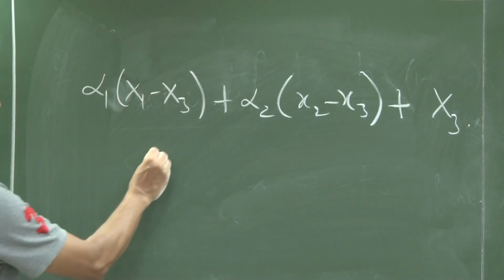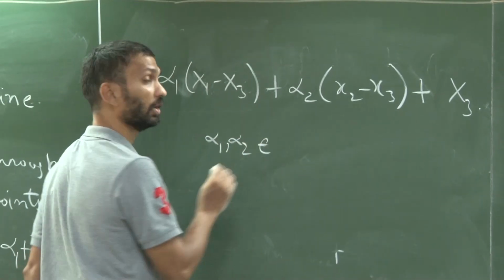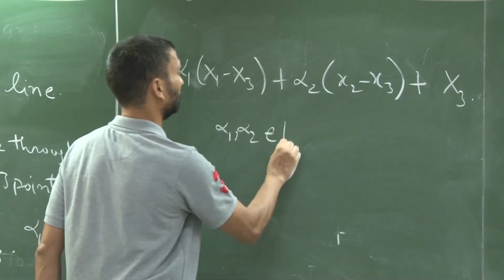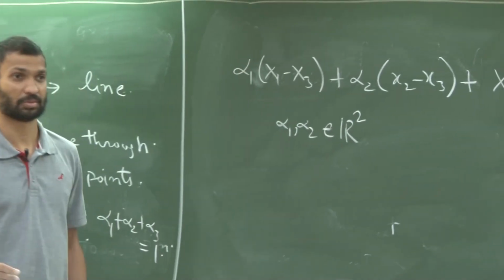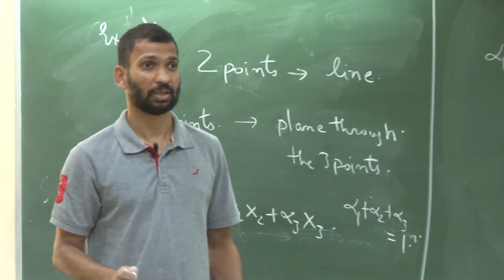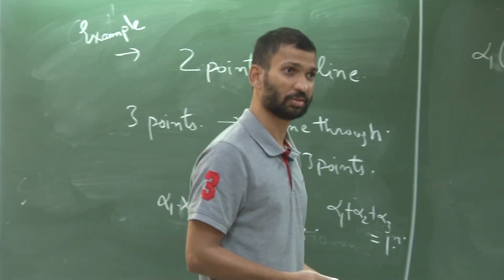And the important point here is alpha 1 and alpha 2 are unrestricted, and now you have gotten your answer.